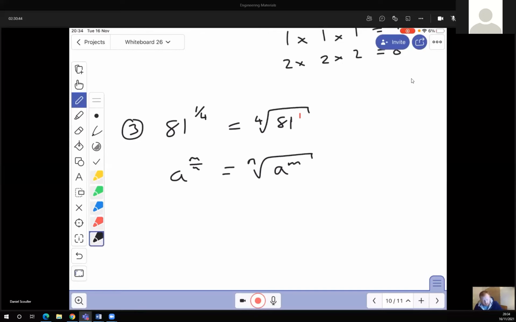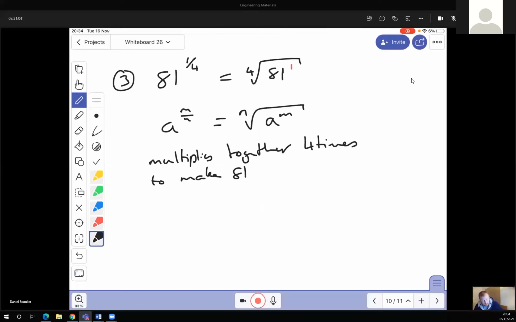What we're trying to work out is what multiplies together 4 times to make 81. So a number times a number times a number times a number gives 81.